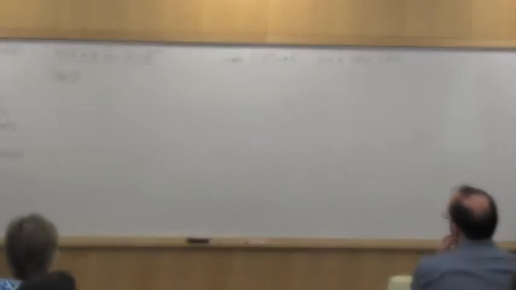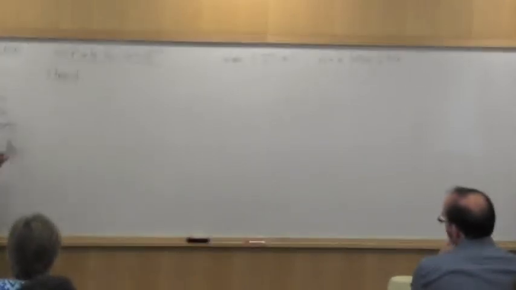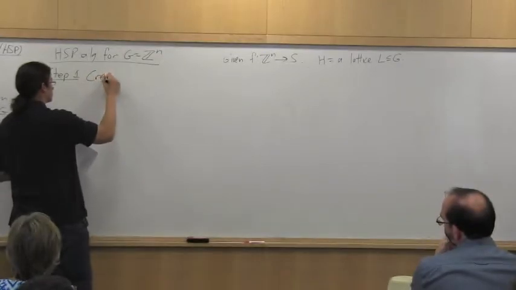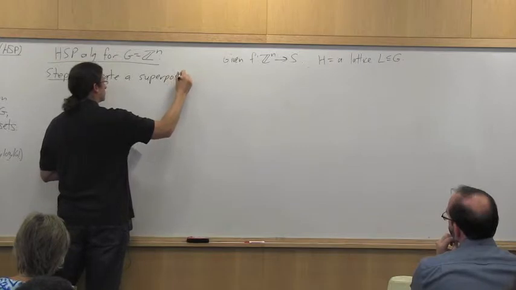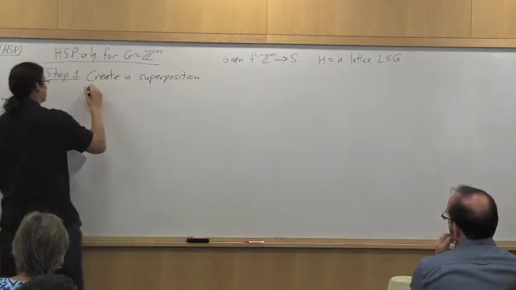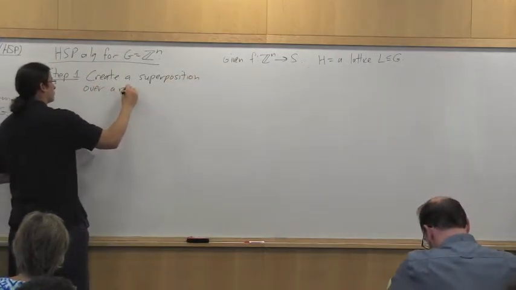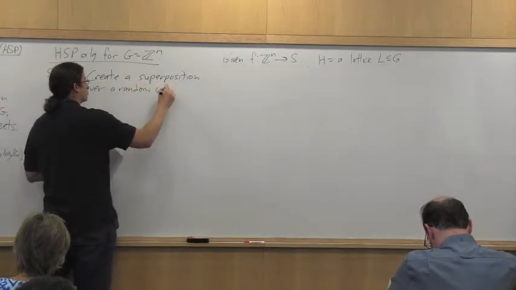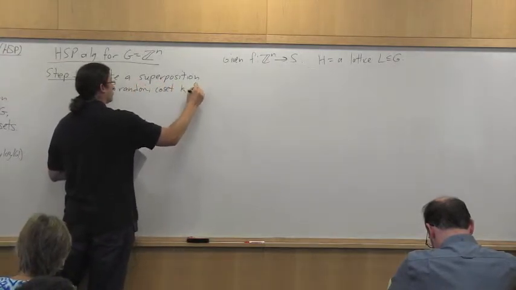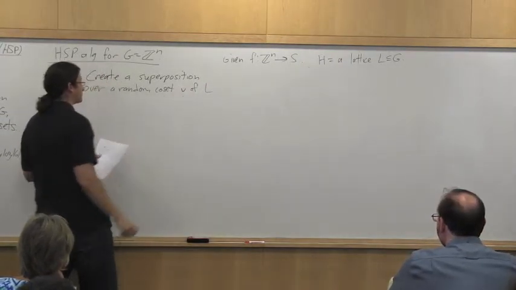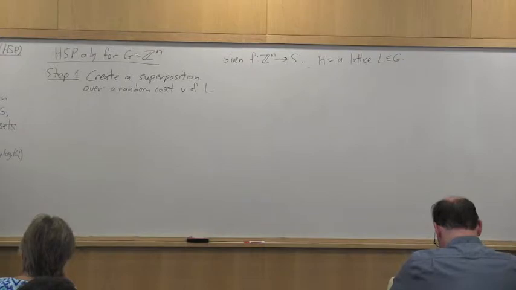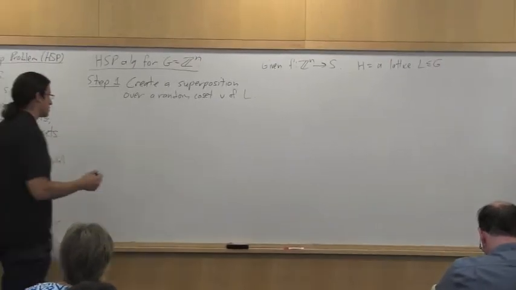Okay, so the first step of the algorithm creates what we call coset states. So it's going to create a superposition over a random coset of L. Okay, so in pictures we'll just think about this.